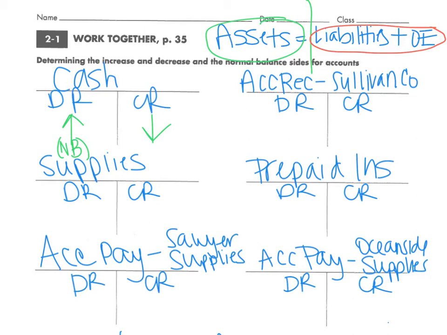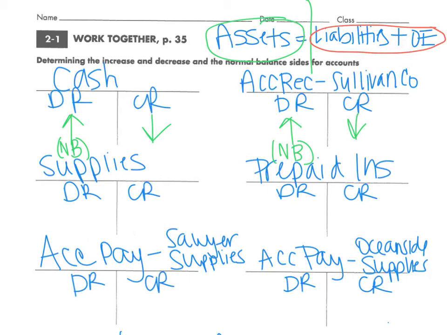So accounts receivable is also an asset because people are promising to pay us that. So it's like we own it because they're promising to pay us that money. So we're going to increase on the debit side and then decrease as a credit. So that means our normal balance would have to be the debit side.